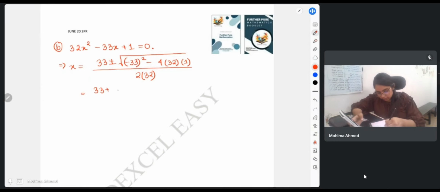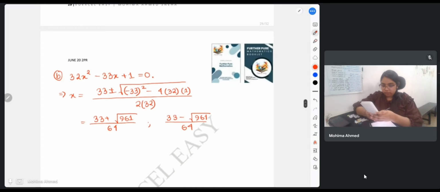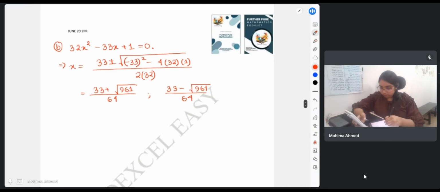So you have 33 plus root 961 divided by 64, and 33 minus root 961 divided by 64. This gives either 1, or the other value of x is 1 by 32.